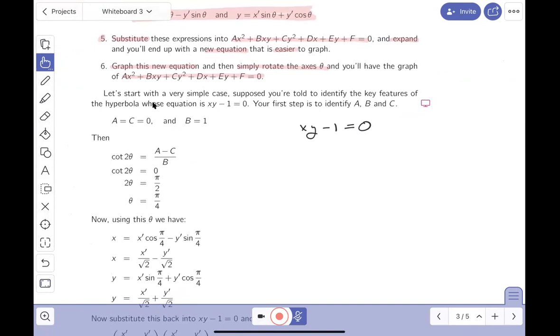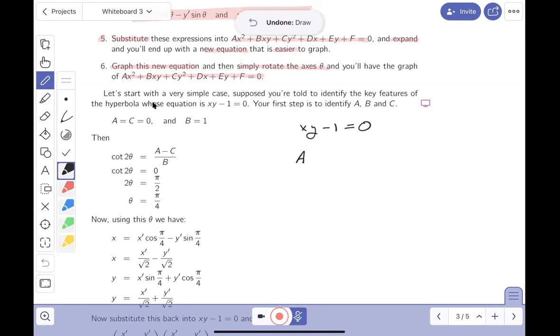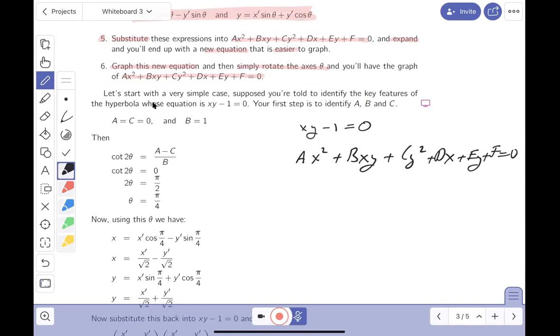So I'm wondering, is it in the form A x squared plus bxy plus cy squared plus dx plus ey plus f equals 0? Let's write this down.